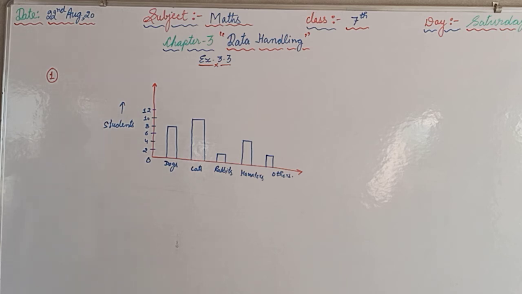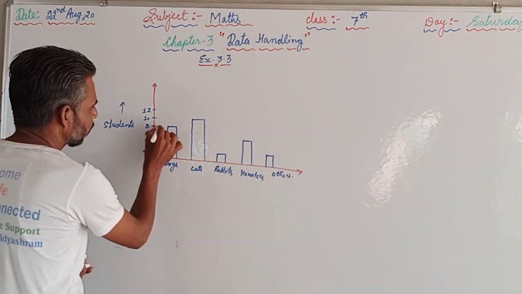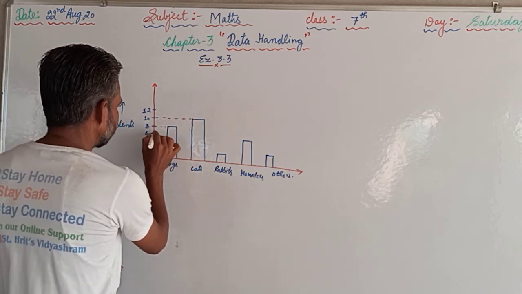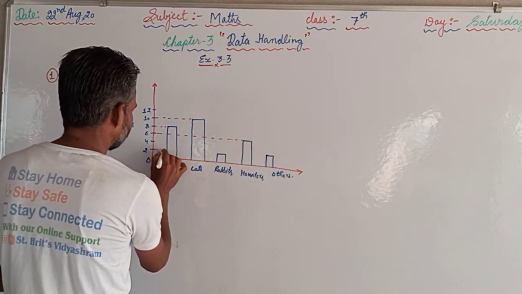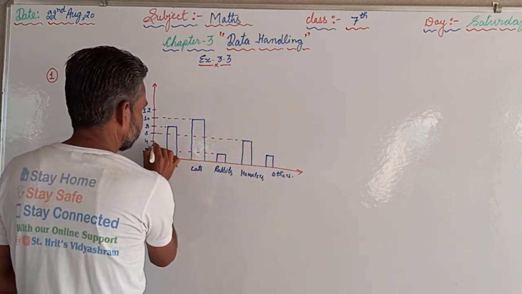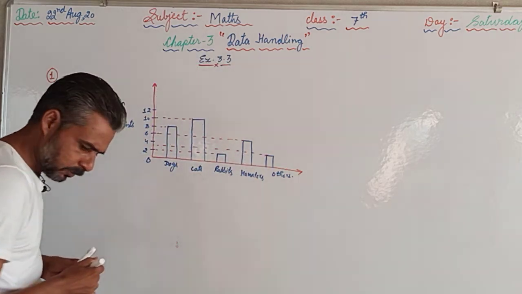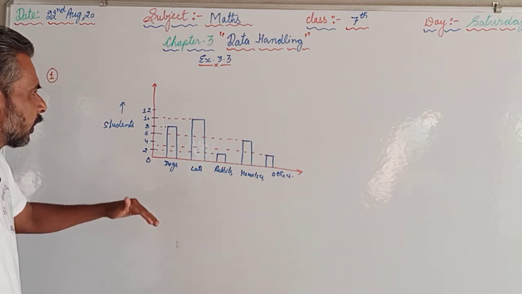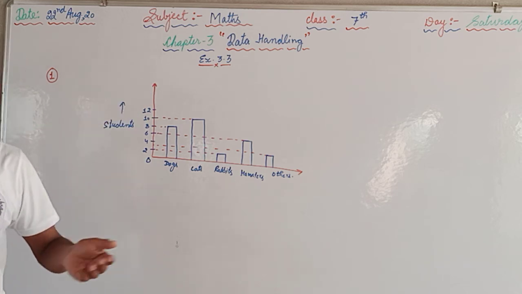First question is, which is the most popular pet? So here we can see the number of pets can be found out from here. The pet having the highest polygon will have the maximum numbers.